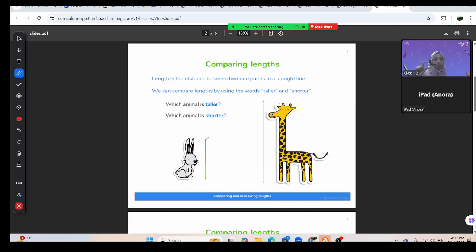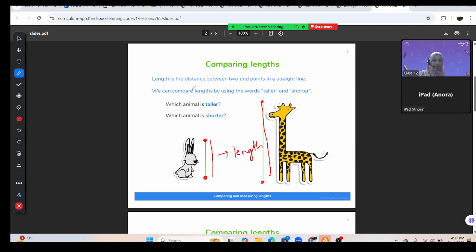What is the height of this rabbit? From this is one end, this is another end, right? And the distance between these two ends is length. Similarly, this giraffe, how tall is this giraffe? The distance between these two points is nothing but length, right?